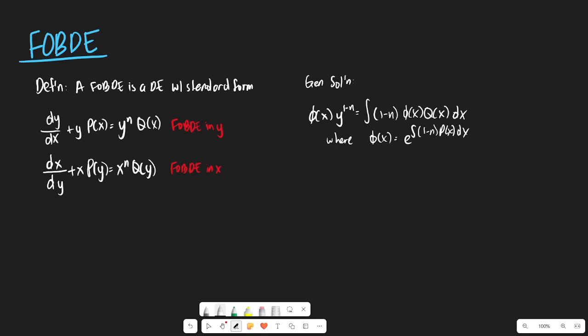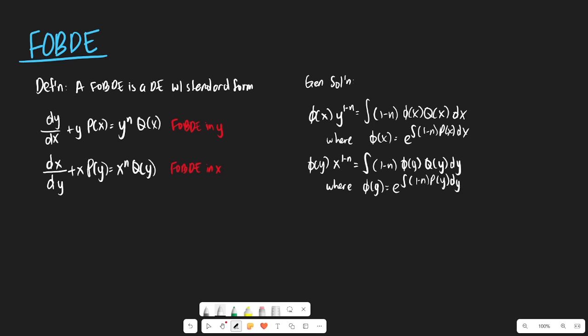In contrast, we also have the general solution for the FOBDE in x, which is given by phi of y times x raised to 1 minus n is equal to the integral of 1 minus n phi of y q of y dy, where phi of y is equal to e raised to the integral of 1 minus n p of y dy.